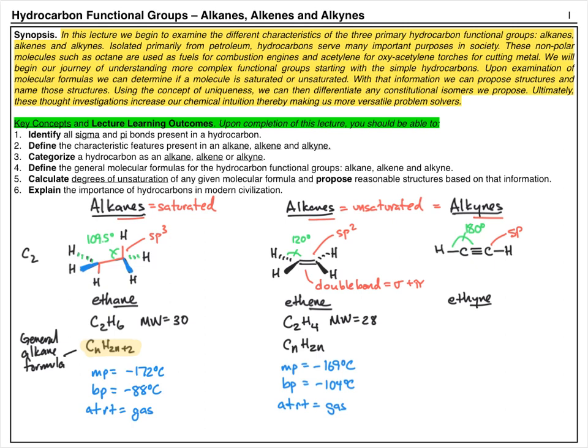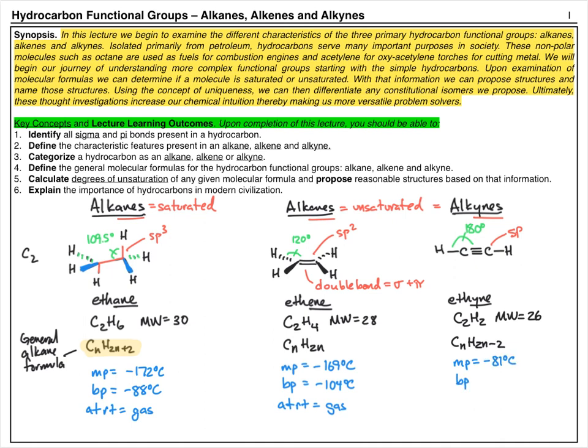So what's the molecular formula? C2H2. We've removed 2 hydrogen atoms from ethene to ethyne, so now we're at a molecular weight of 26. You can see the general formula for an alkyne is CnH2n minus 2. The melting point of acetylene is negative 81.